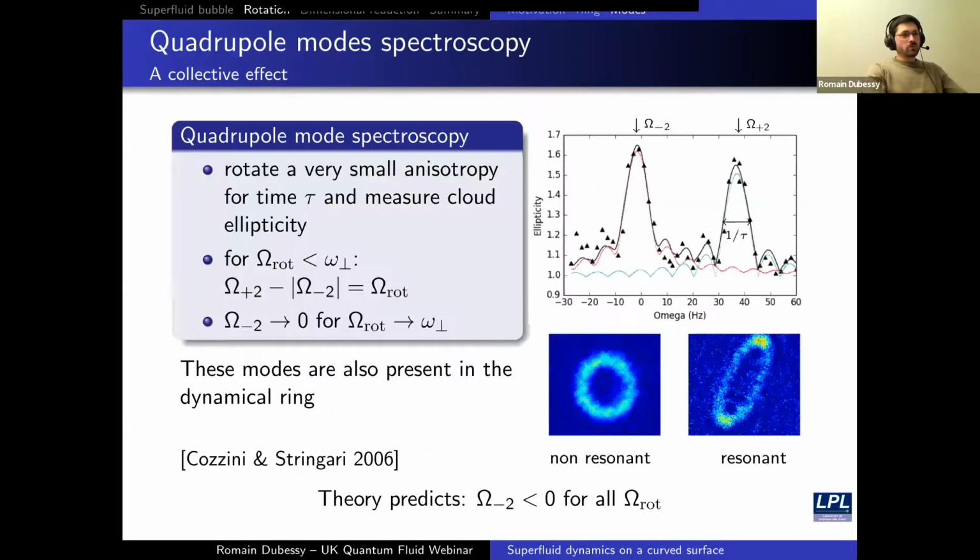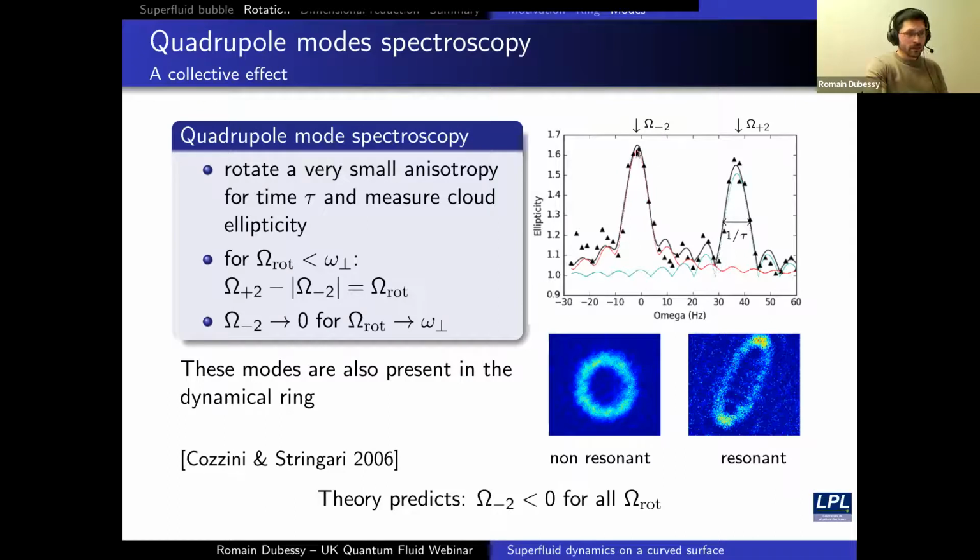So to probe for the superfluid or coherent properties of this object, we did quadrupole mode spectroscopy. The idea, as I mentioned before, is to rotate a very small anisotropy for some time and then measure the consequence on the cloud ellipticity. As a function of the rotation frequency, we see resonances. In general, we see two resonances corresponding to the two quadrupole modes, omega +2 and omega -2, the two m equal ±2 quadrupole modes.